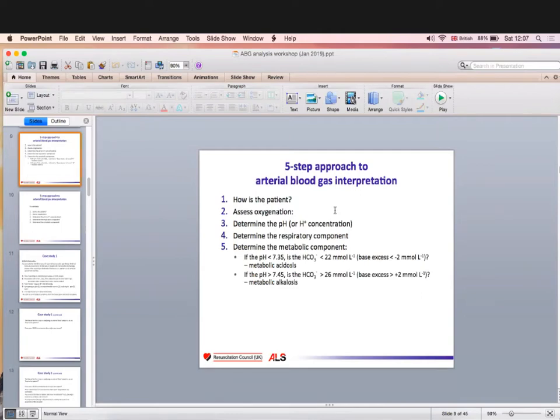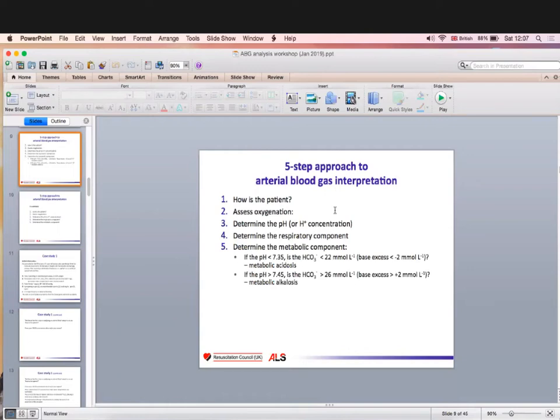Say FiO2 is 50%, then we should have an idea about the oxygenation, isn't it? Otherwise we can't interpret it.